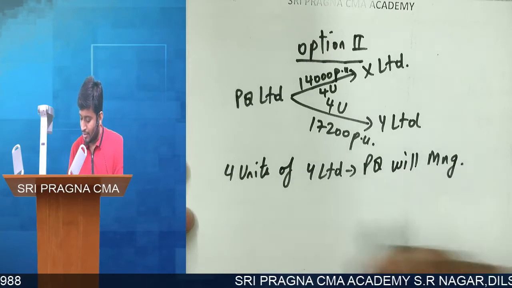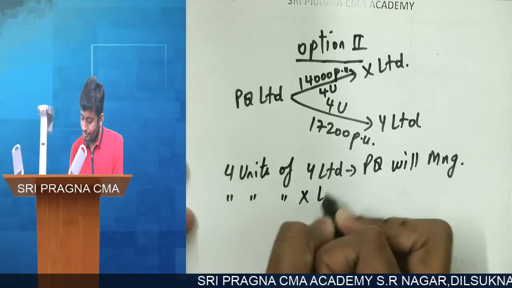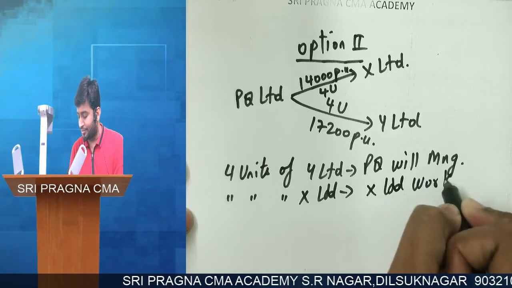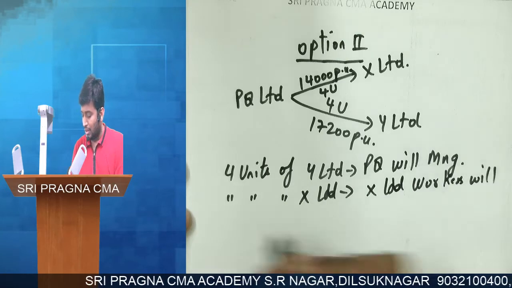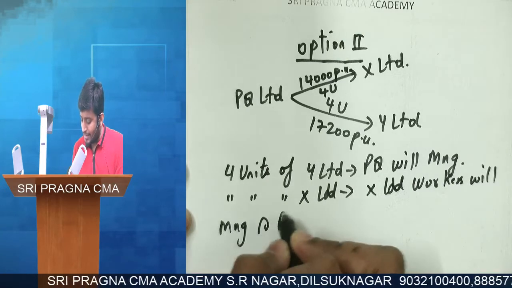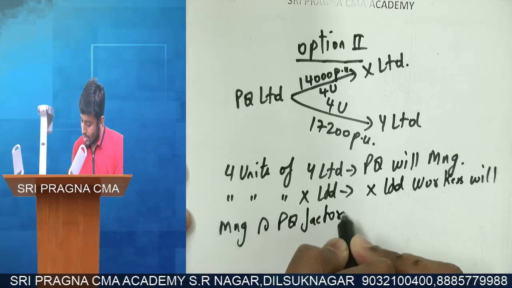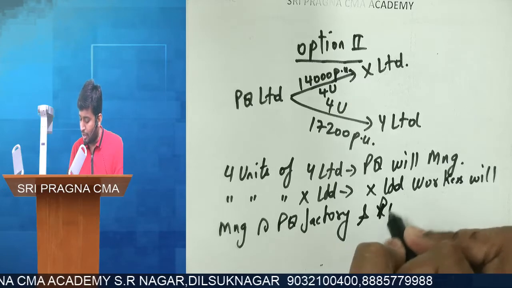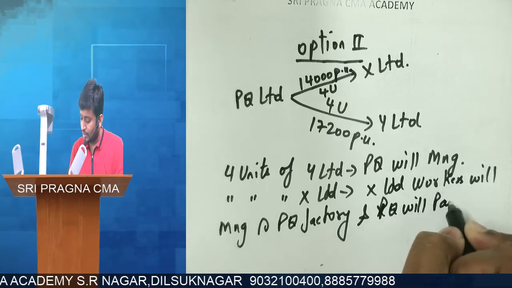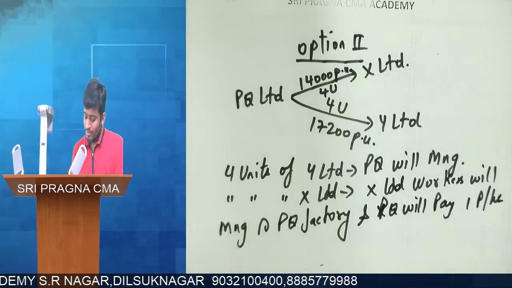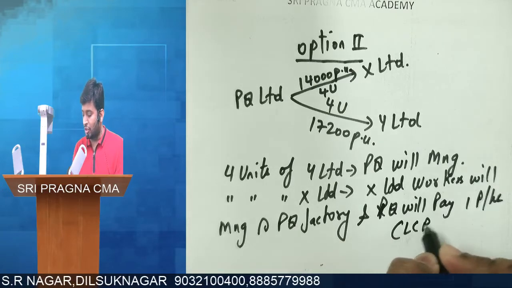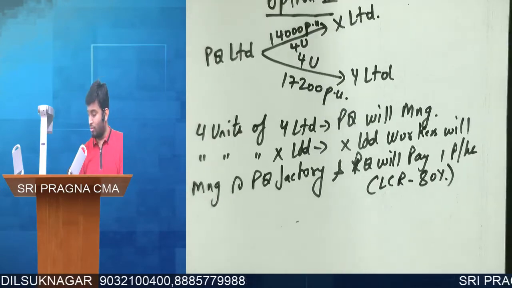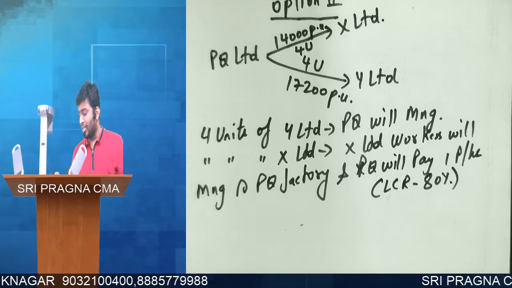Clear till here? 4 units X Limited workers will manufacture, and PQ will pay 1 per hour, and they also have the learning curve. Is the concept clear now? Option 2 clear. Read it once again, now you will understand.